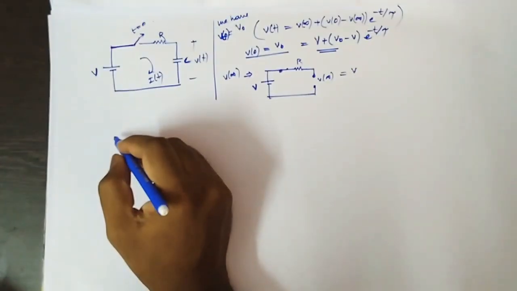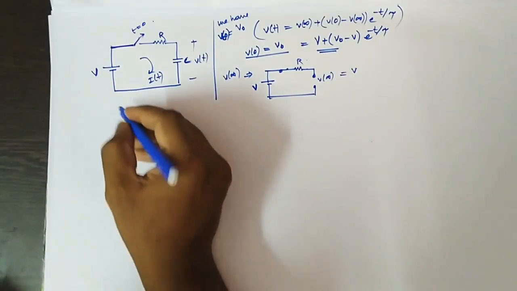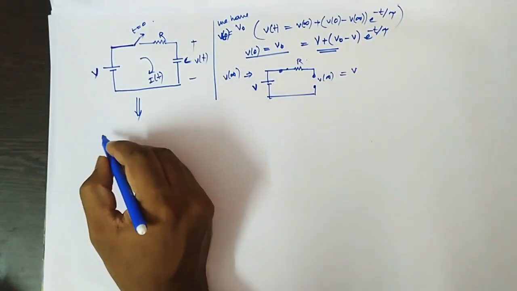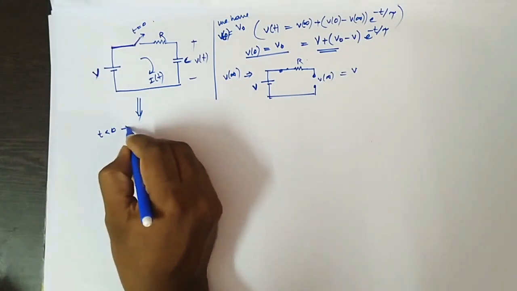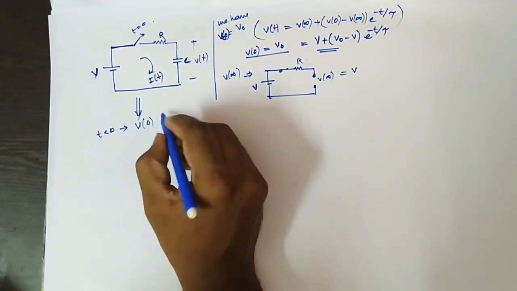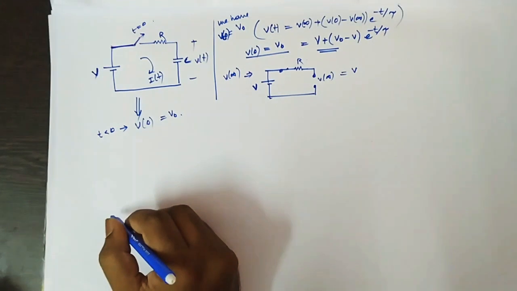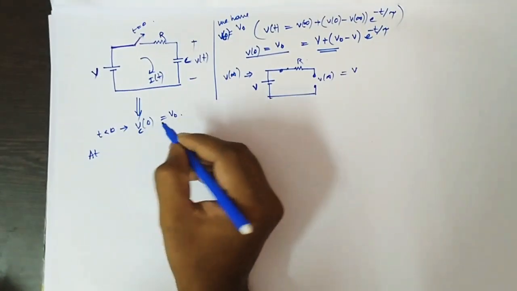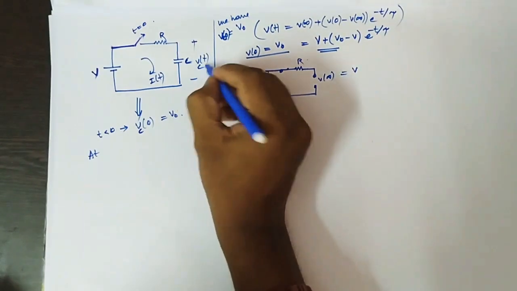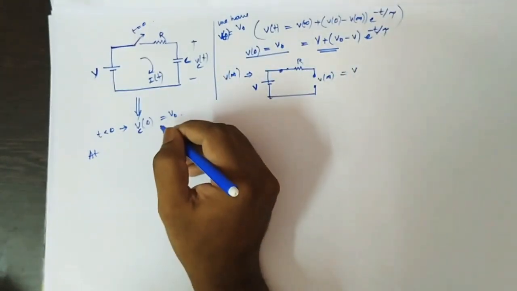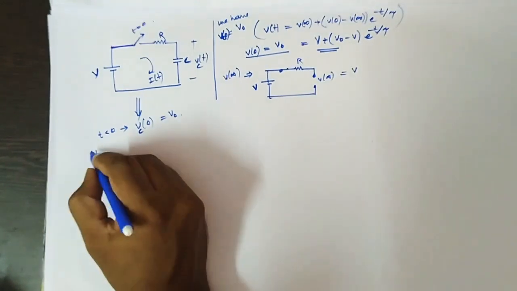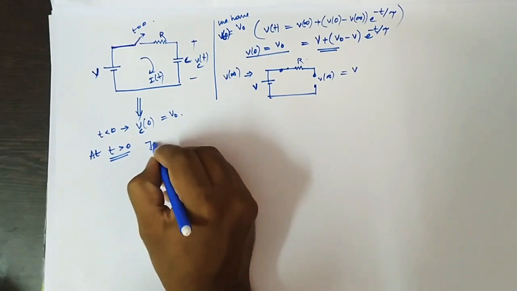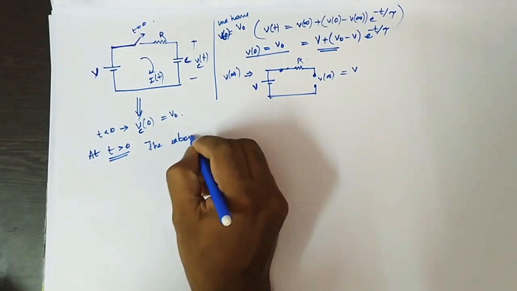Now for this circuit, at t less than 0, v of 0 equal to V naught. So Vc of 0 should be taken.